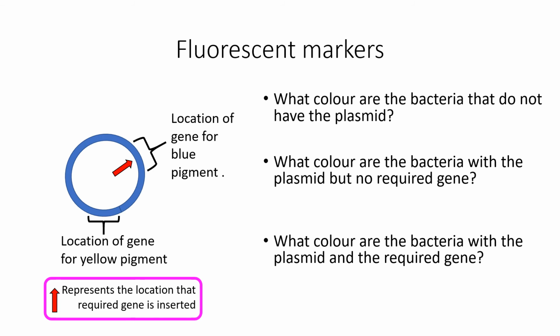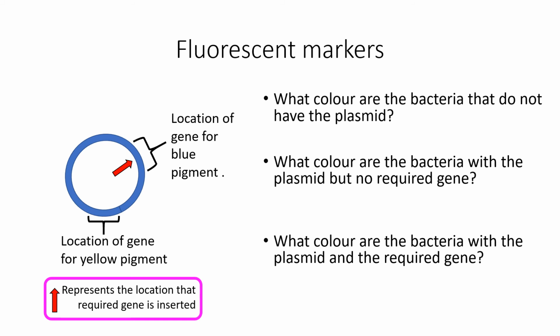Well, if you look at the left-hand side, we have 2 genes like we had with antibiotic resistance, only this time we're going to look at colors blue and yellow, and you can see that the gene is being inserted into the blue gene rather than at the bottom with the yellow gene. What color are the bacteria that do not have a plasmid?